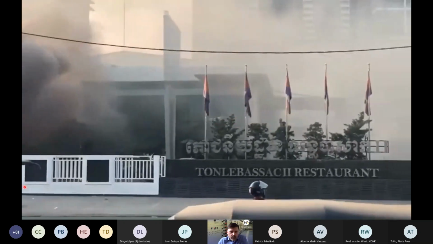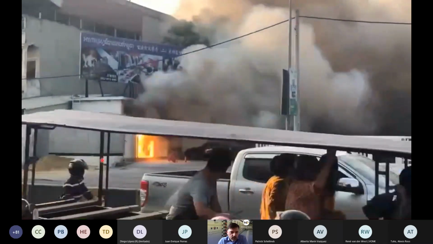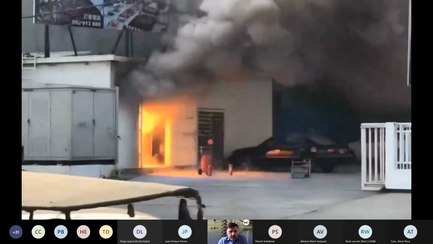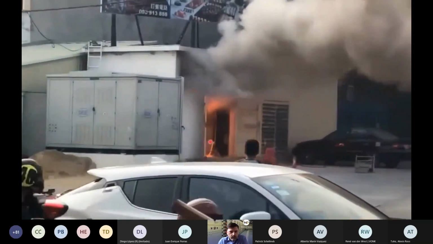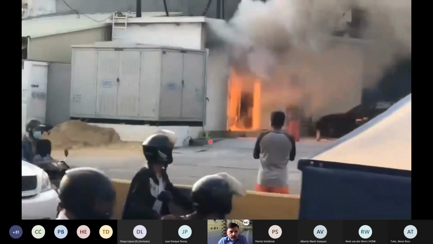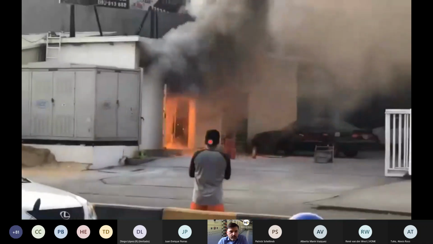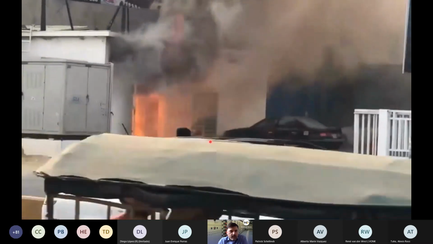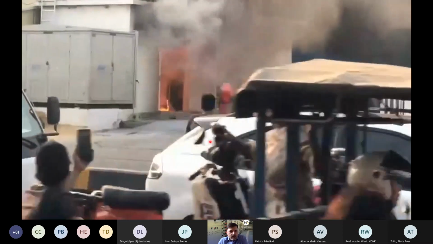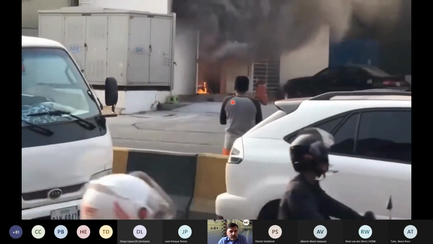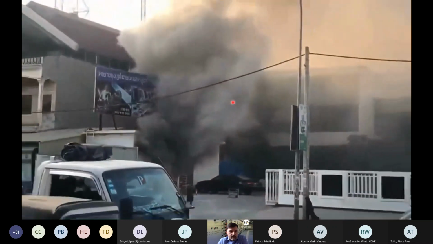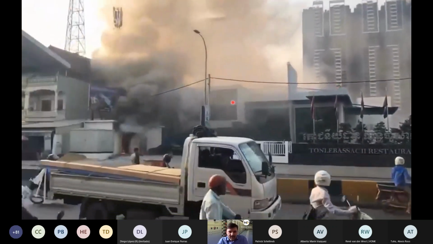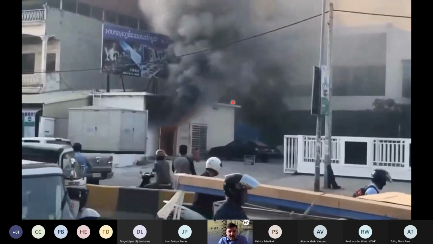I think there is even an extinguisher down there. It will not be used. So there is no sense to go there with the extinguisher now. It takes quite some time for this thing to stop. It's still there.